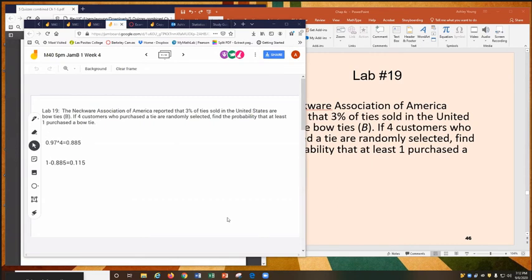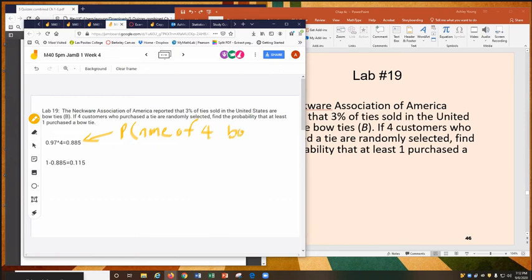Right. So this is the probability of none of the 4 bought.